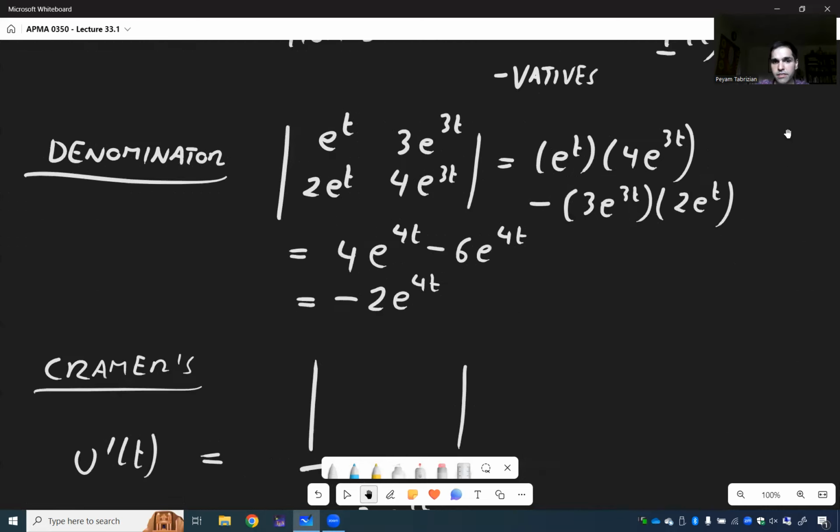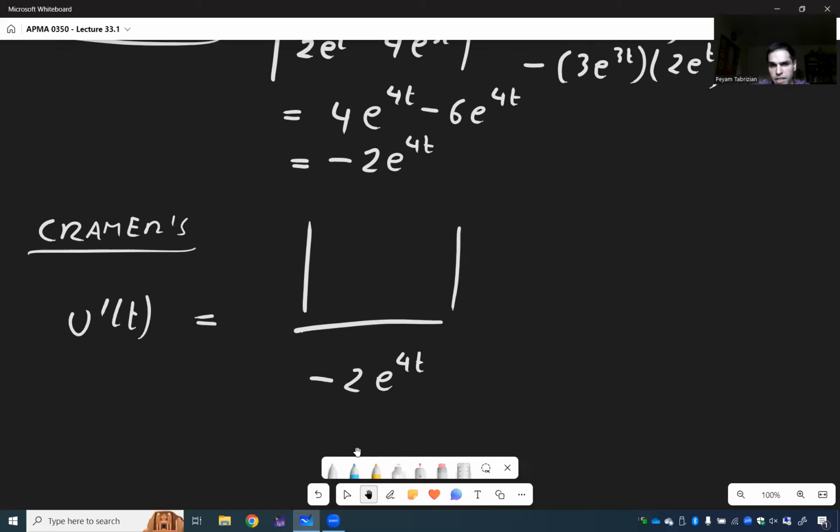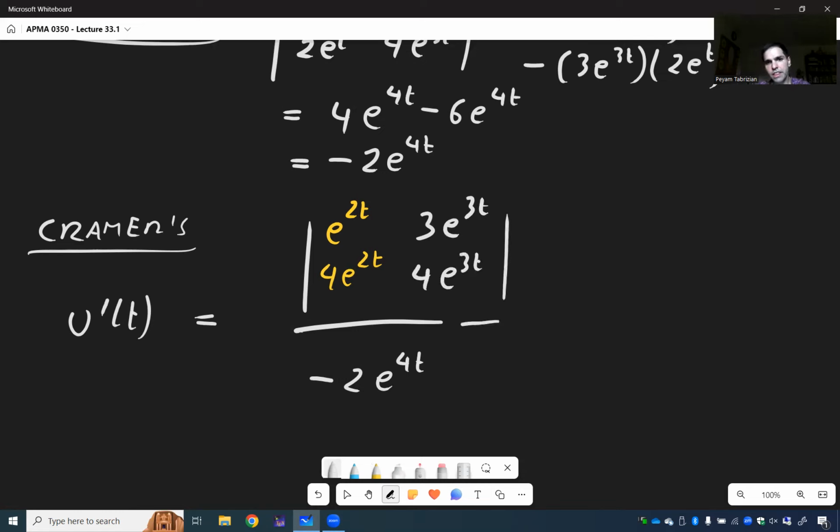So in this case, it turns out to be e to the 2t, and then 4e to the 2t, and then 3e to the 3t, and then 4e to the 3t. Divided by that, and then you do the math.